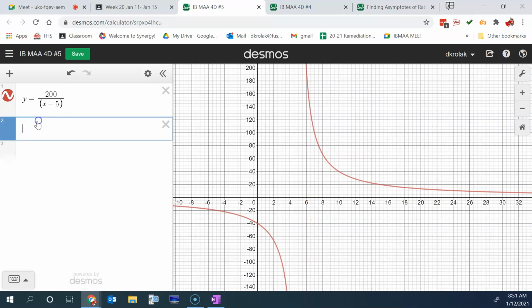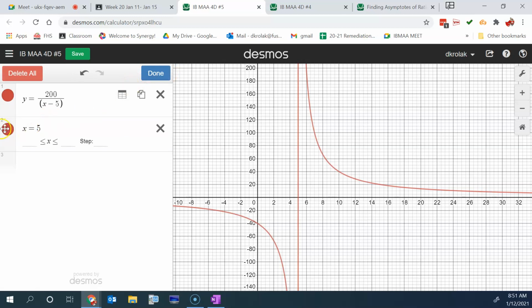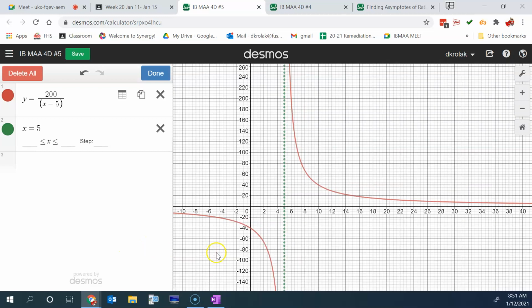And then I drew the vertical asymptote, x equals 5, and then I turned it into a dotted line by clicking on that and clicking dots. And I changed the color. Okay, and that kind of gives me an idea of what my graph looks like.